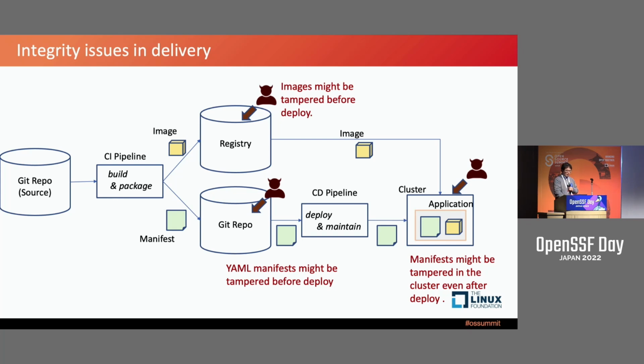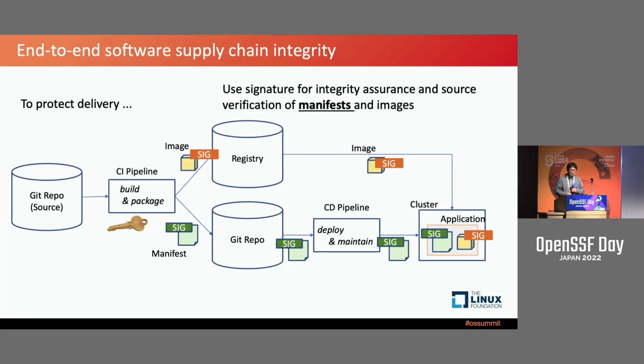Our goal is to protect their integrity by using a signature mechanism. Image signing is done with cosign, but we added an additional signature protection on the manifest. So both image and manifest can be protected by Sigstore signing.